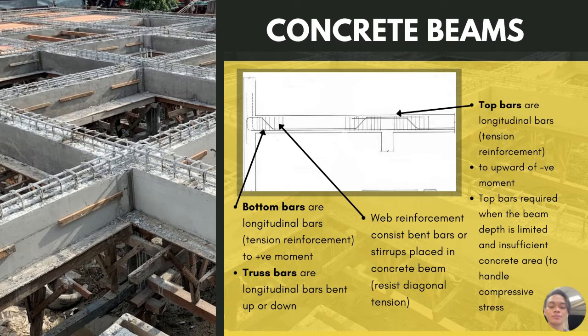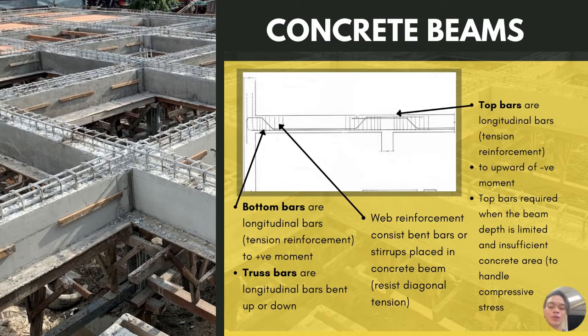Web reinforcement consists of bent bars or strips placed in the concrete beams to resist diagonal tension. Bent bars are longitudinal bars bent to an angle of 30 degrees or more when the axis of a concrete beam is perpendicular to and intersecting the crack that could occur from diagonal tension.